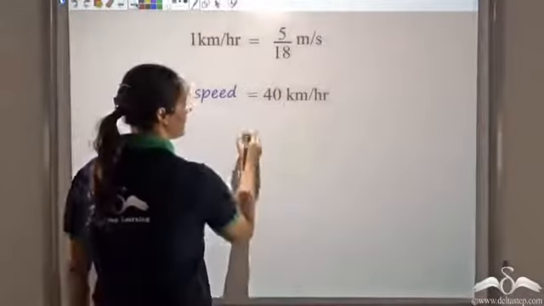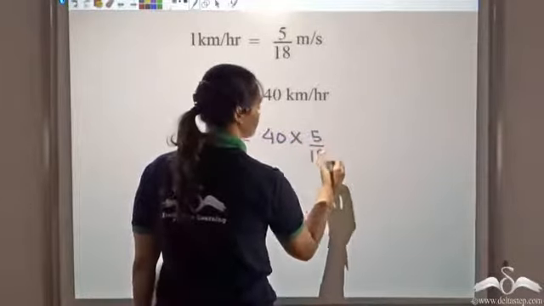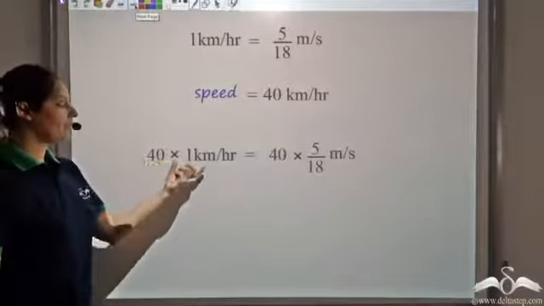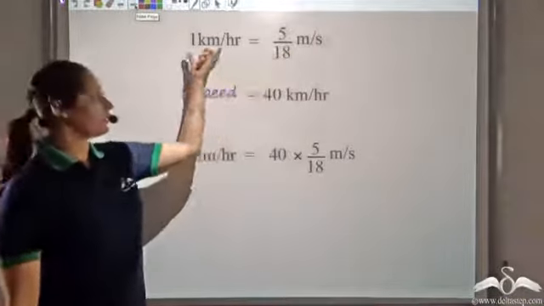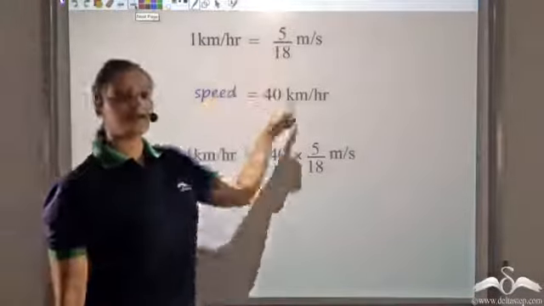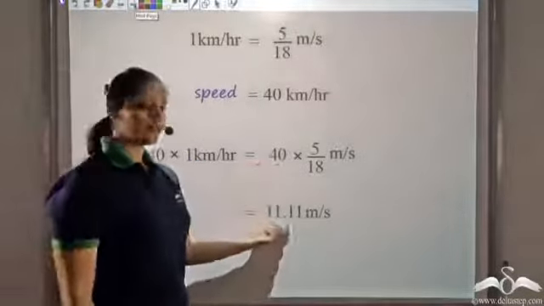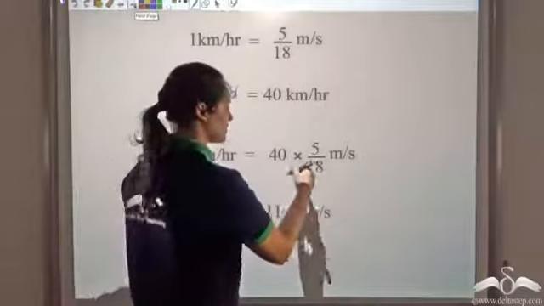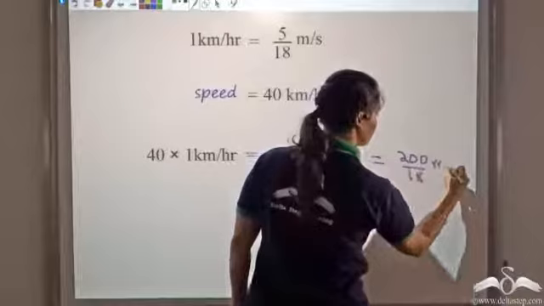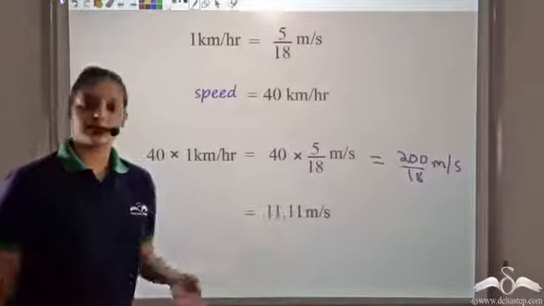So 40 kilometers per hour would be 40 times 5 by 18, which is 200 by 18 meters per second, which on further division gives me 11.11 meters per second.